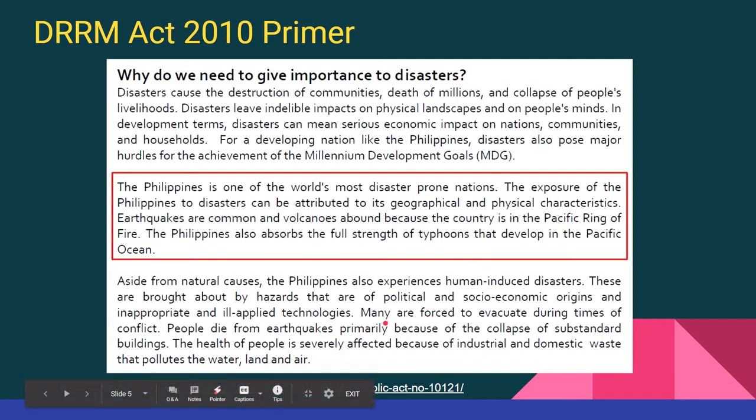Many of our citizens are forced to evacuate during times of conflict. People die from earthquakes because of the collapse of substandard buildings. The health of our people is also severely affected because of industrial and domestic waste, pollution, and of course, climate change.